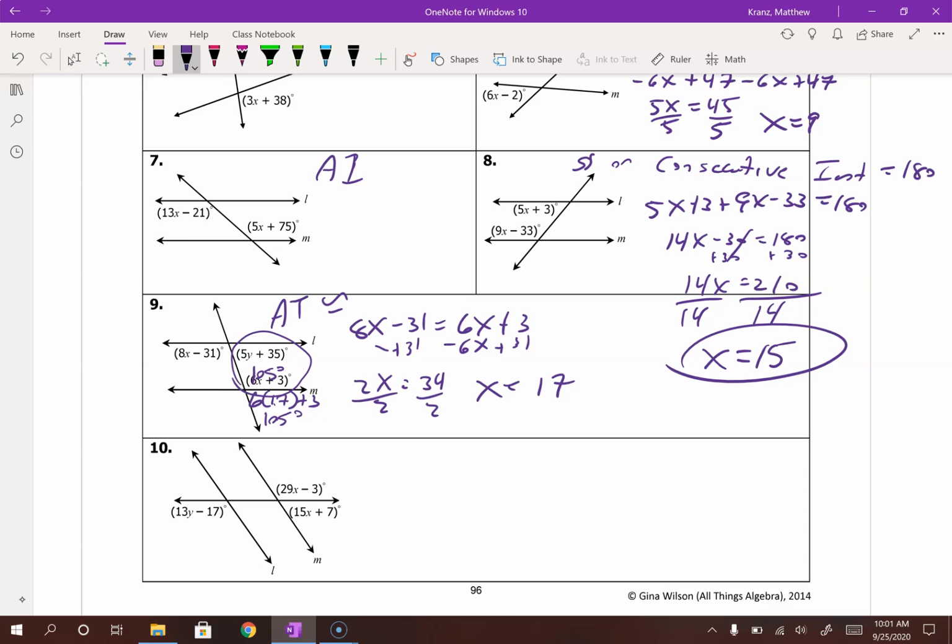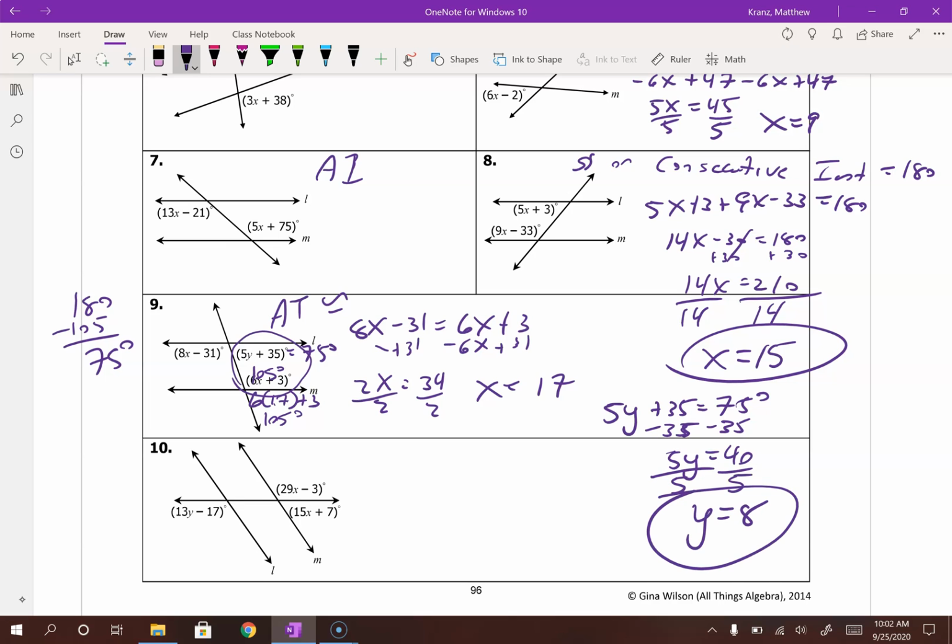So that means 180 minus 105 gets me 75. So this has to equal 75 degrees. So I can do 5y plus 35 equals 75 degrees. When I minus 35, I get 5y equals 40, and I divide by 5, so y is equal to 8.